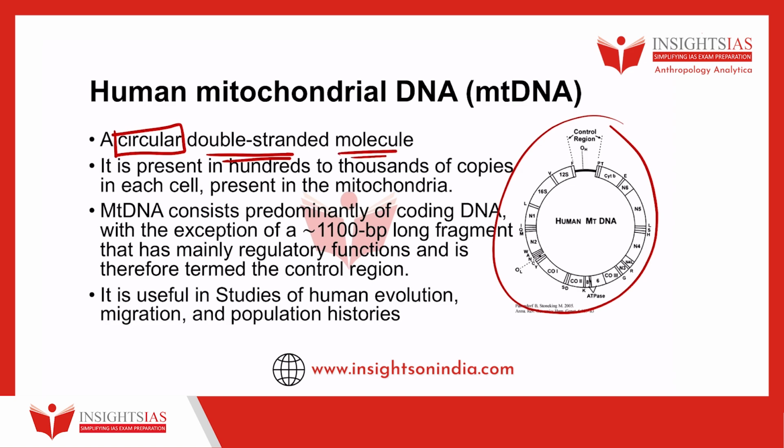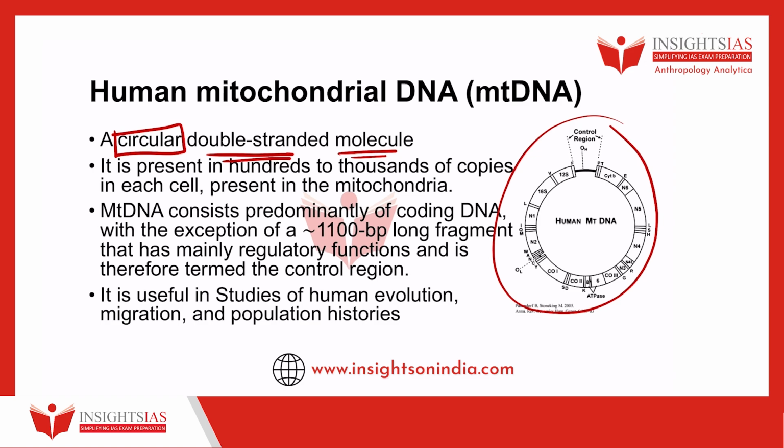You know that the nucleus has chromosomes, and these chromosomes have DNA in them, which codes for various proteins and is thus responsible for the production of proteins and human body activities. At the same time, you should also remember that there is mitochondrial DNA.